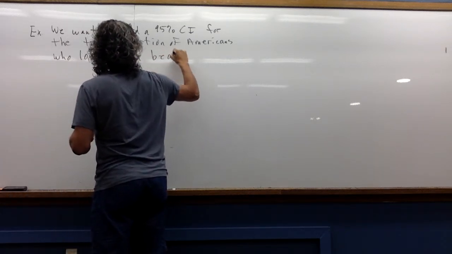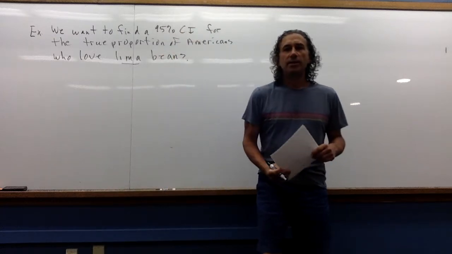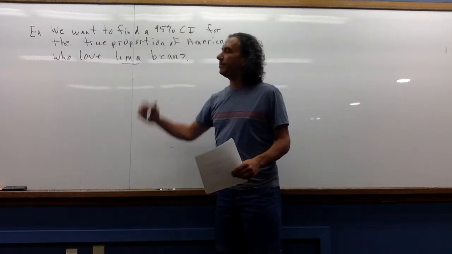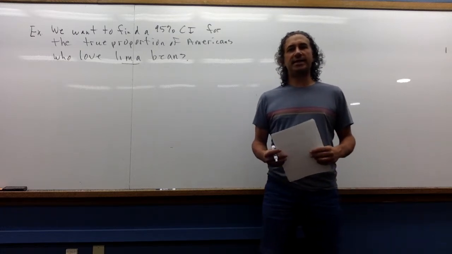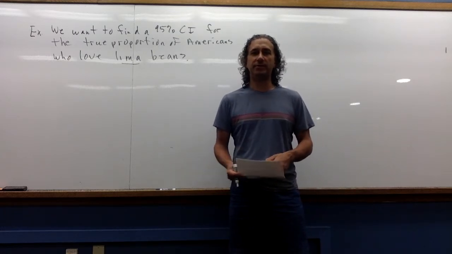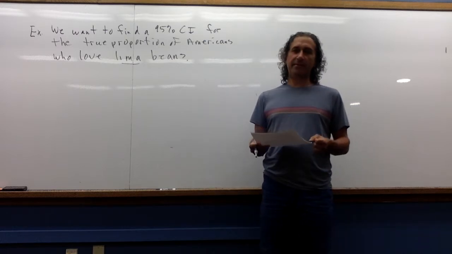Probably pretty low. So that proportion could be 0.8, could be 0.9, or we could even describe it as a percent. 80% of Americans love lima beans, or 90% of Americans love lima beans.